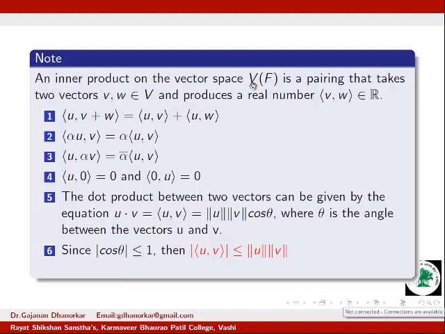For a vector space V with field F, u, v, w are all elements from V, and we know that this is our real number. We can write the inner product of u, v plus w as the inner product of u with respect to v plus the inner product of u with respect to w.